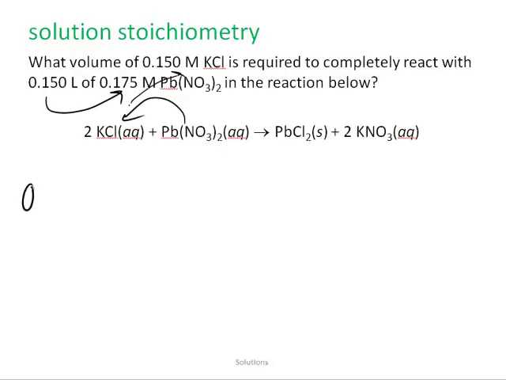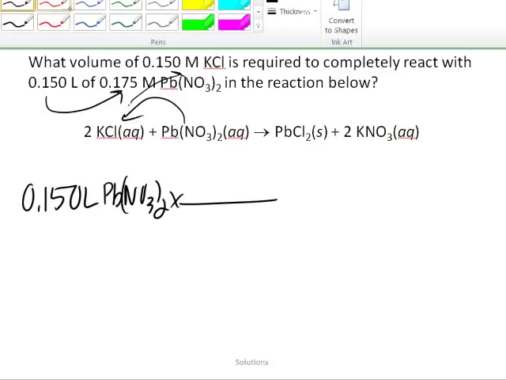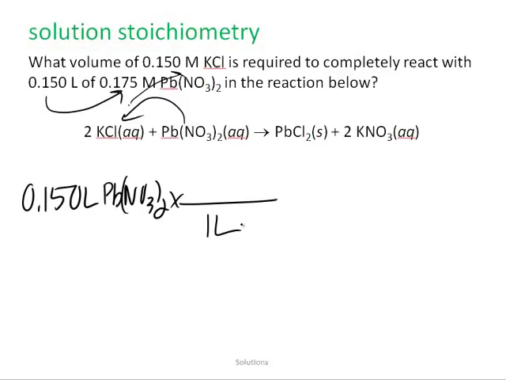Okay, so I have 0.150 liters of lead nitrate. If I had 1 liter of that solution, I want to cancel out liters. So, in 1 liter of that solution, I have 0.175 moles of lead nitrate.